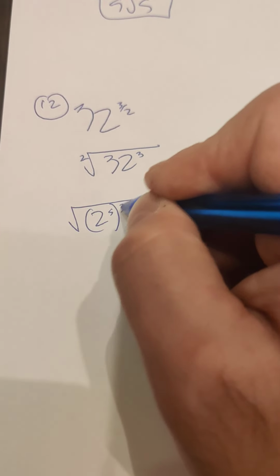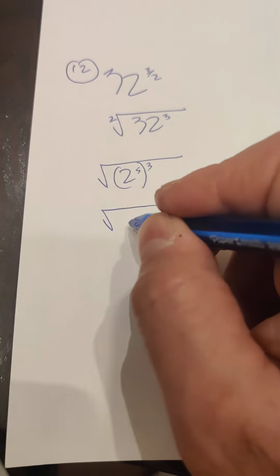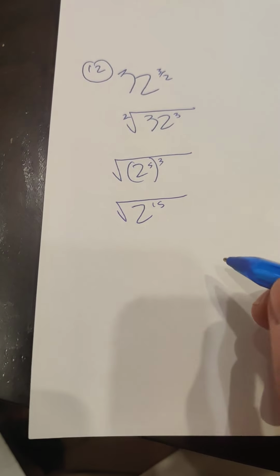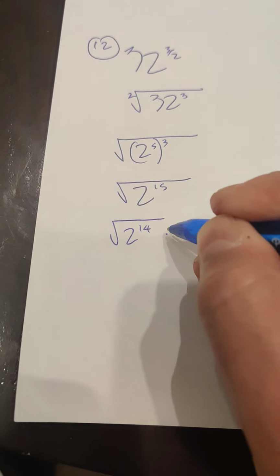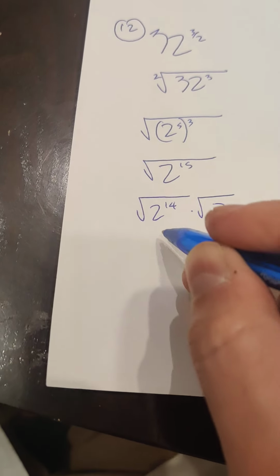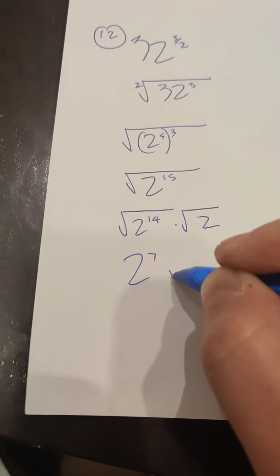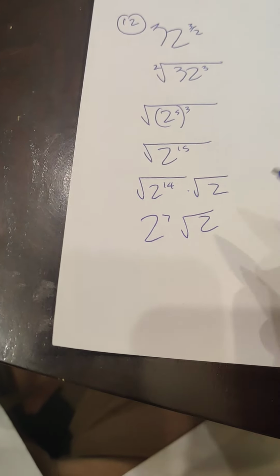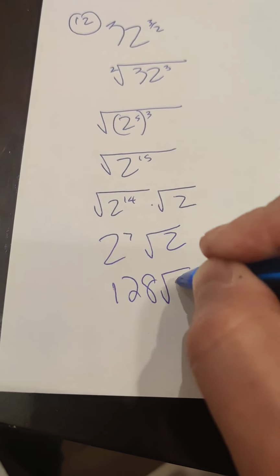So that's the square root of, I'll show you another way in a second, 2 to the 15th. And so that's the square root of 2 to the 14th times the square root of 2. So the square root of 2 to the 14th is just 2 to the 7th times the square root of 2, which is 32, 64, 128, radical 2.